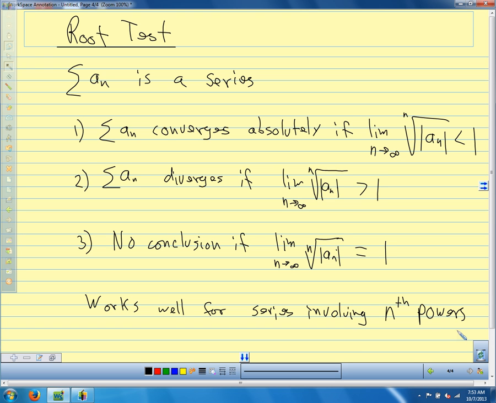So if you have terms that involve nth powers, then the root test can be helpful. And it's very similar.